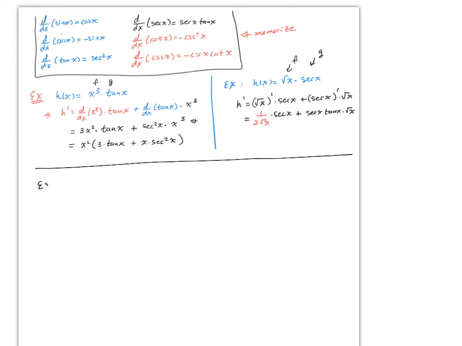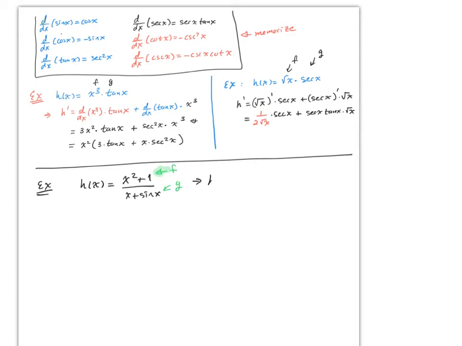Okay, now let's try one where we have to use the quotient rule. So let's say that h of x is equal to x squared plus 1 divided by x plus sine x. All right, so in this case, this one is f, and this will be g.